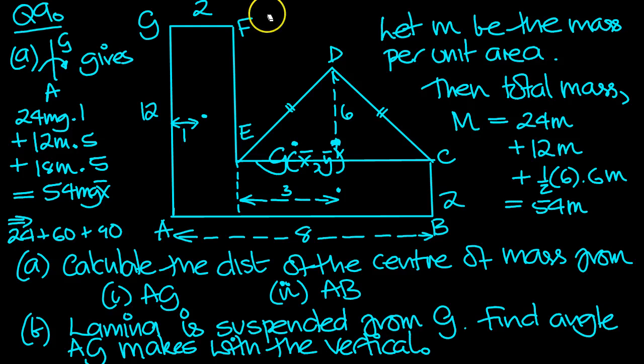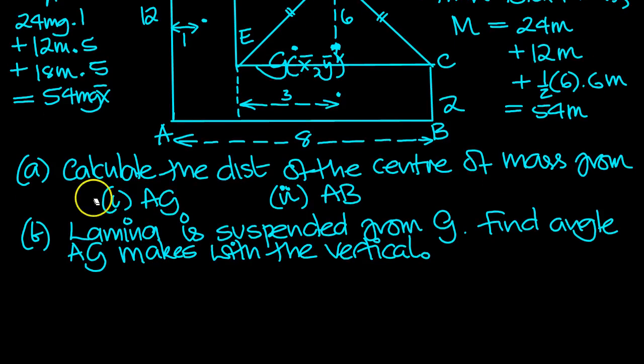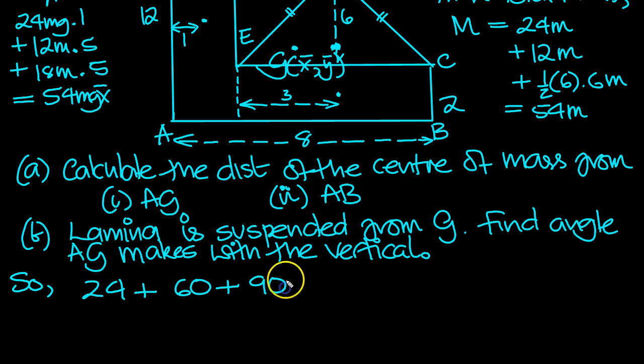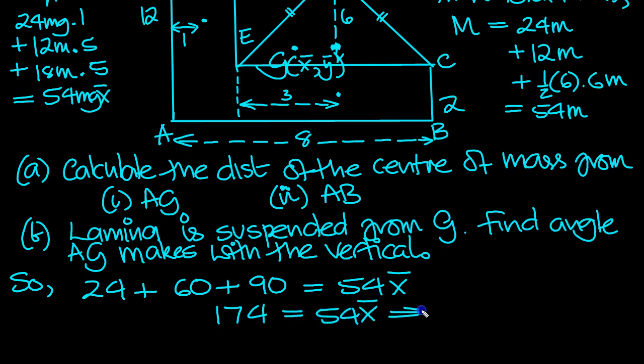So 24 plus 60, 5 12s are 60, plus 90, 5 18s are 90, is equal to 54 x bar. 24, 60 and 90 is 150, 174 is equal to 54 x bar. So that tells us that x bar is equal to 174 over 54.